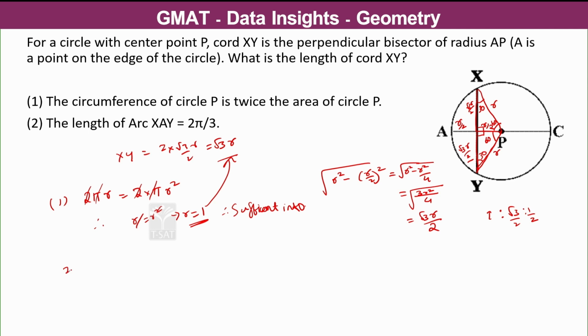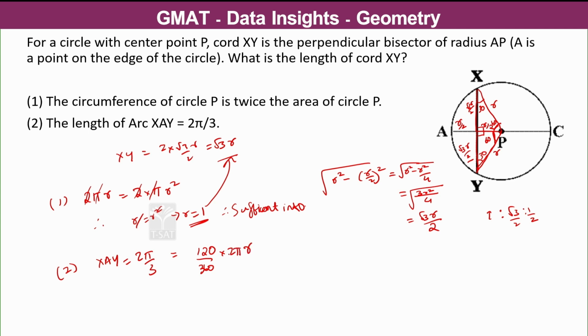Let us look at statement 2. Statement 2 tells us that arc XAY is equal to 2 pi by 3. We know that the arc XAY subtends an angle of 120 at the center, that is 60 plus 60, 120 at the center. So, the length can be calculated as 120 divided by 360 into 2 pi r.